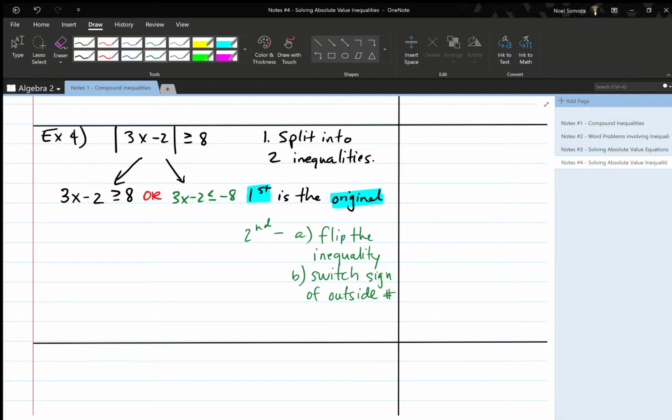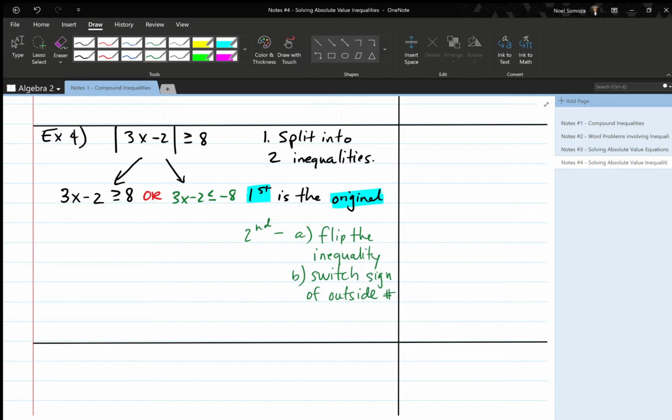The original, and then flip switch. Flip switch, flip switch. That's how I remember. Or if you want to think flip flip, or switch switch, whatever. But just remember that you change both. All right. From here, now it's simple. Now we solve. With an OR inequality, we solve both, we graph, and then we find the interval. That's it. But this is the tricky part. Just splitting it up.